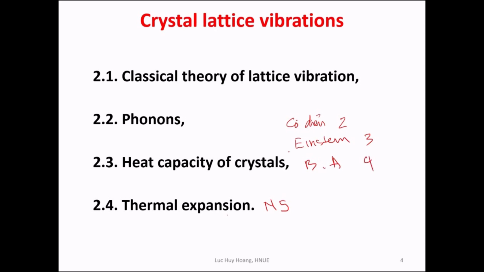Như vậy thì mỗi nhóm có một nội dung để buổi sau trình bày. Thế còn nhóm 1 thì có nhiệm vụ lúc nãy rồi. Như vậy thì riêng cái heat capacity crystal thì giao cho 3 nhóm nhá, có 3 cái thuyết để đánh giá. Thế còn cái thermal expansion thì giao cho nhóm số 5. Như vậy thì cả 5 nhóm buổi sau đều có nhiệm vụ.